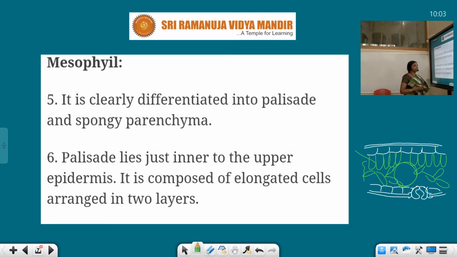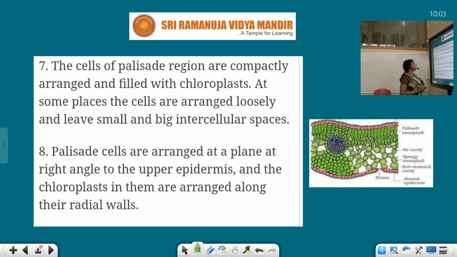So let's see, palisade lies just inner to the upper epidermis, and it is composed of elongated cells arranged in two layers. So two layers of palisade tissues are present. Cells are elongated, column like structure, and the cells of the palisade region are compactly arranged and filled with chloroplasts.